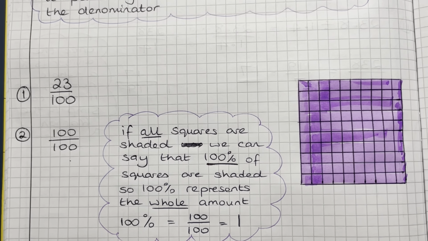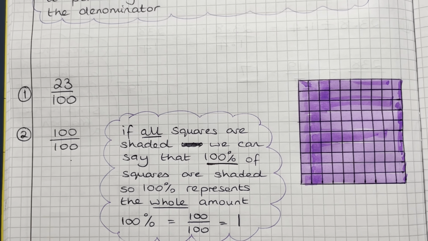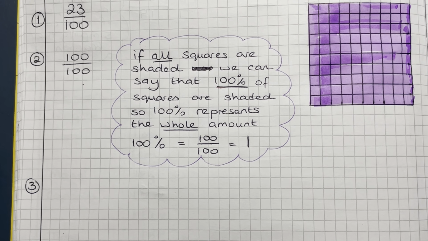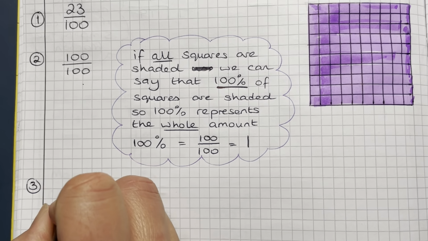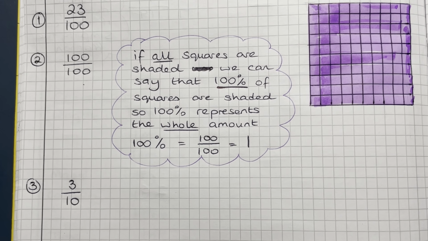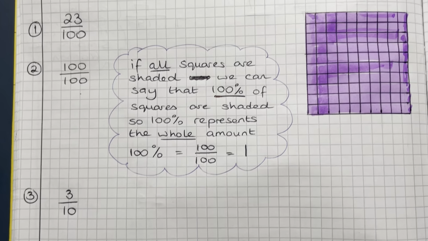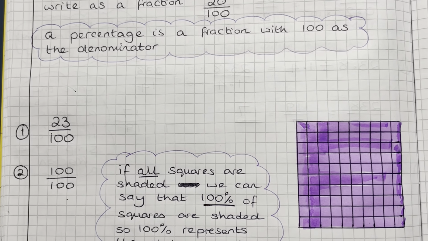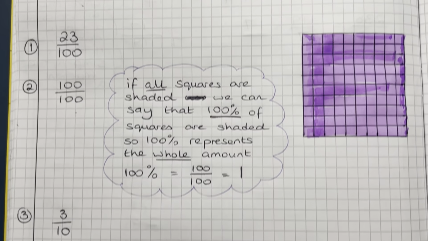But what if it wasn't out of 100? What if it was only out of, I don't know, let's say 10? What do I do now to turn this into a percentage? I know from up here that a percentage is a fraction with 100 as the denominator. Okay, that's a clue.